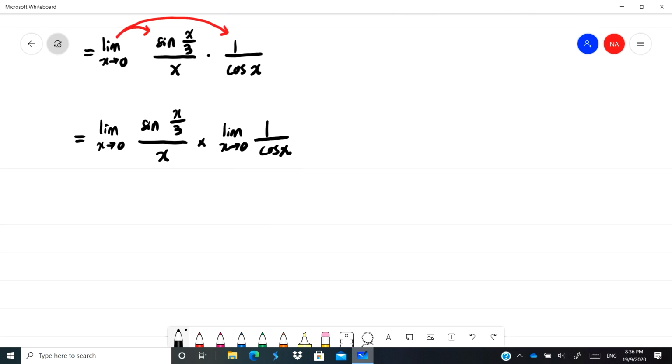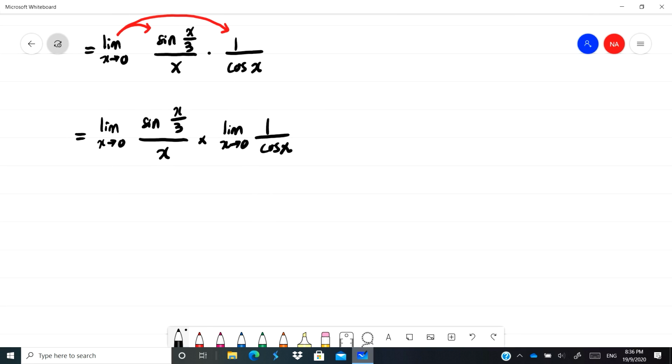Now we have to do something here because this one is x over 3 and this one is x, so you should have 1 over 3 at the denominator. So multiply 1 over 3 at the denominator, and multiply 1 over 3 at the numerator.